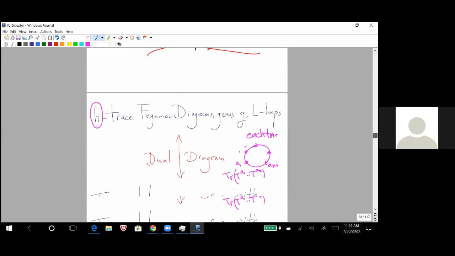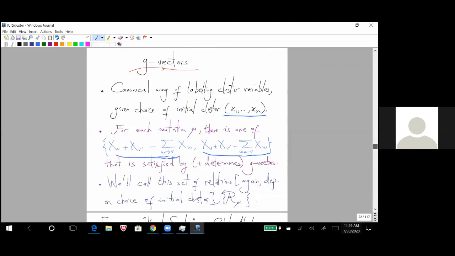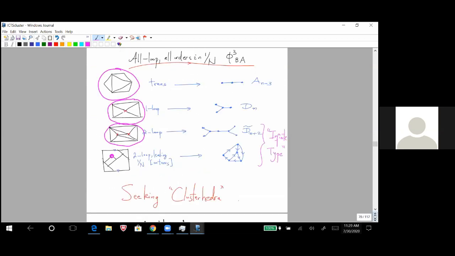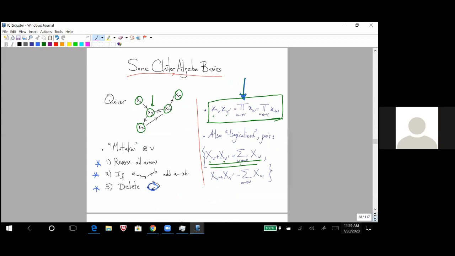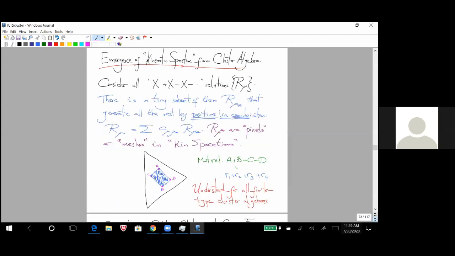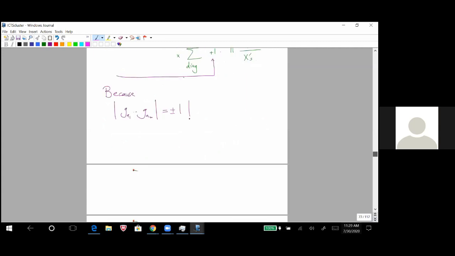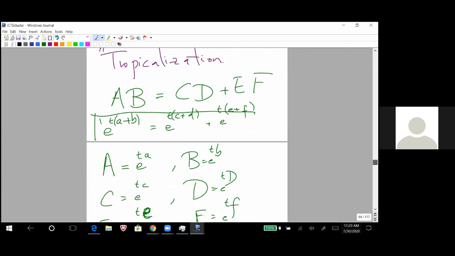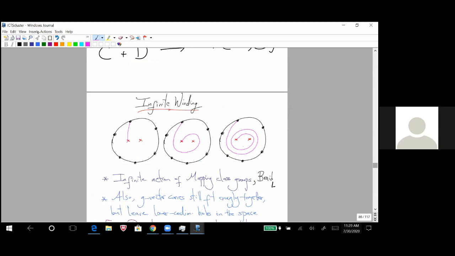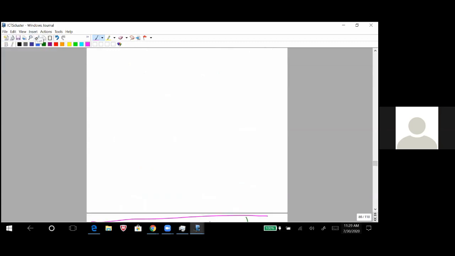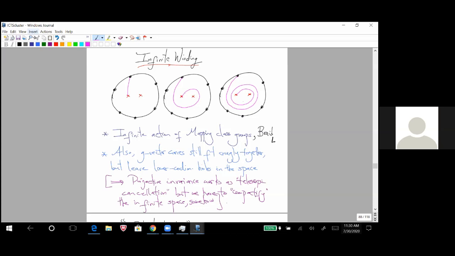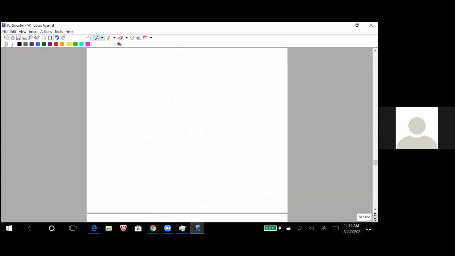Right. Okay. So let me go back now. All right. Okay. So let me now switch to telling you one last bit of useful information about cluster algebra, specifically for surface cluster algebras.